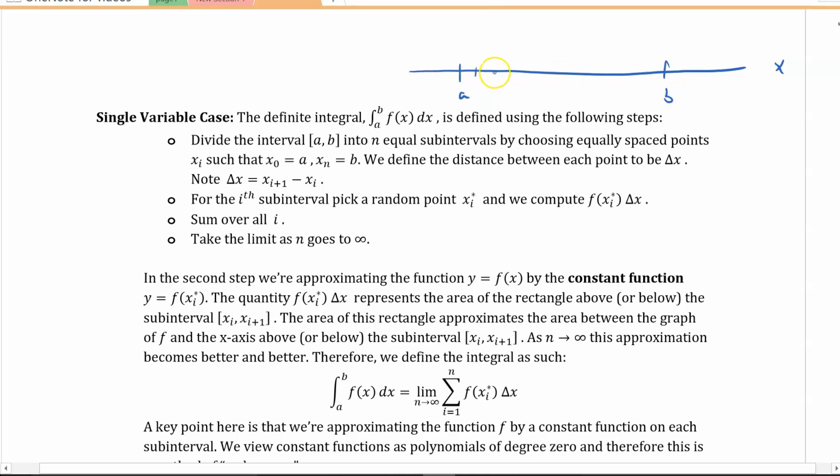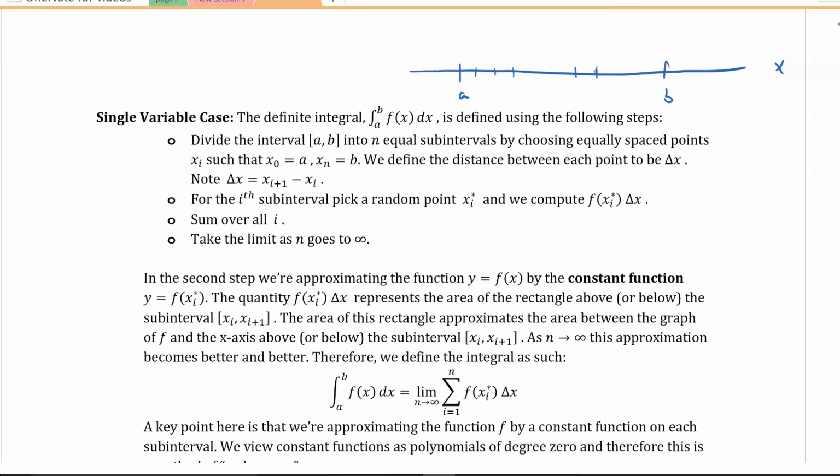There we cut up or partition the interval into lots and lots of subintervals, and say we use n subintervals. Then we define delta x to be the width, assuming a constant subinterval width all the way across.